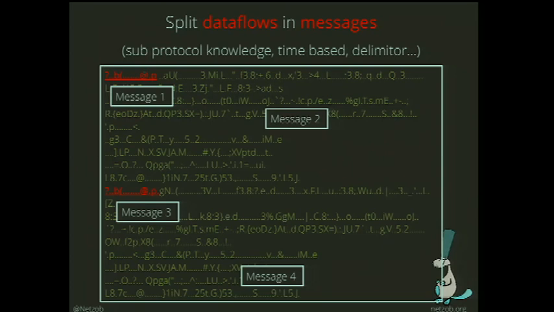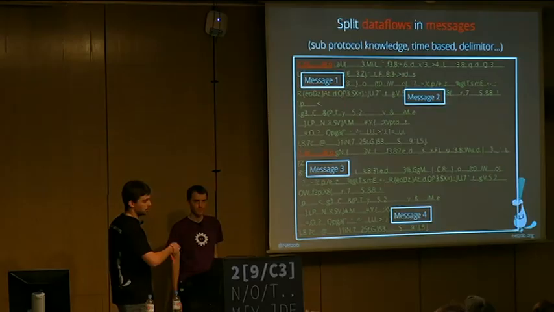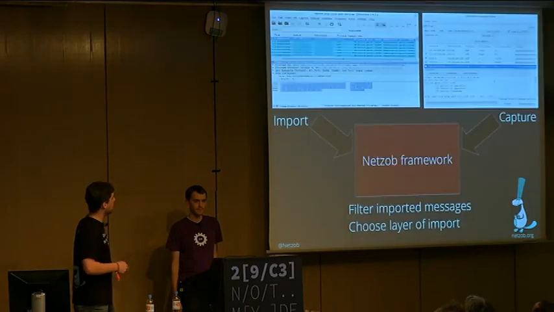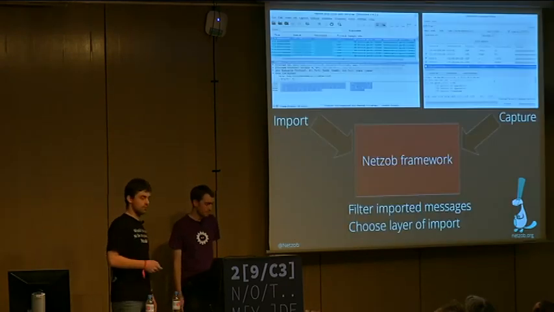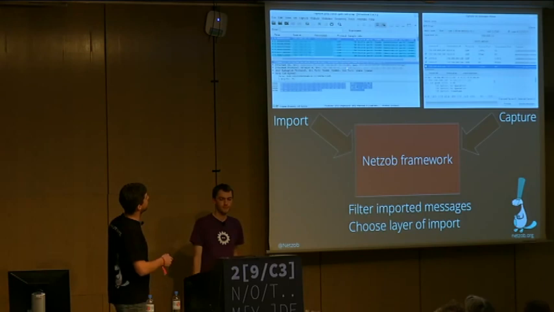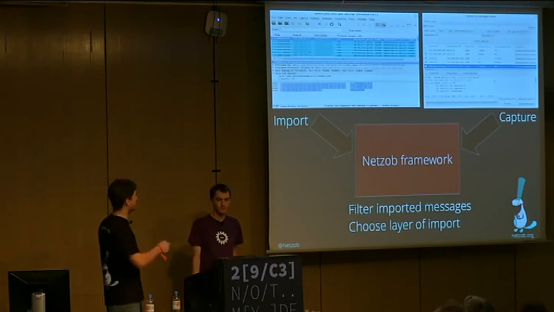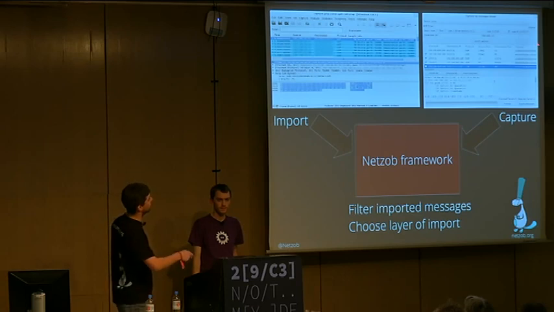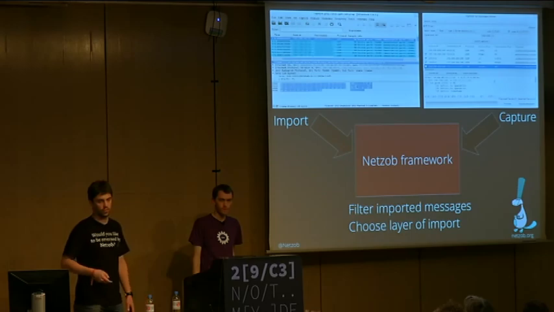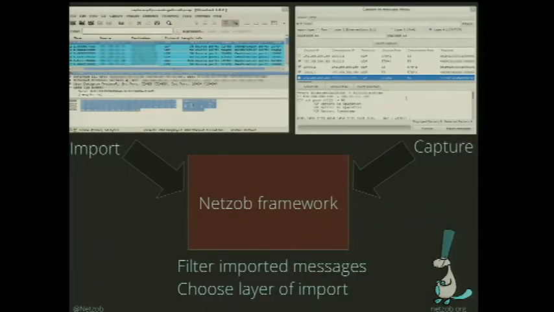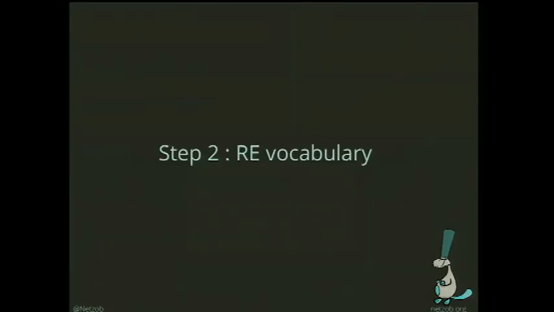You can also use, within NetZob, a delimiter-based splitter. And you import these messages into NetZob. You can either use Wireshark and export into NetZob, or use the capture module, which sniffs your Ethernet card or anything and imports messages into NetZob.